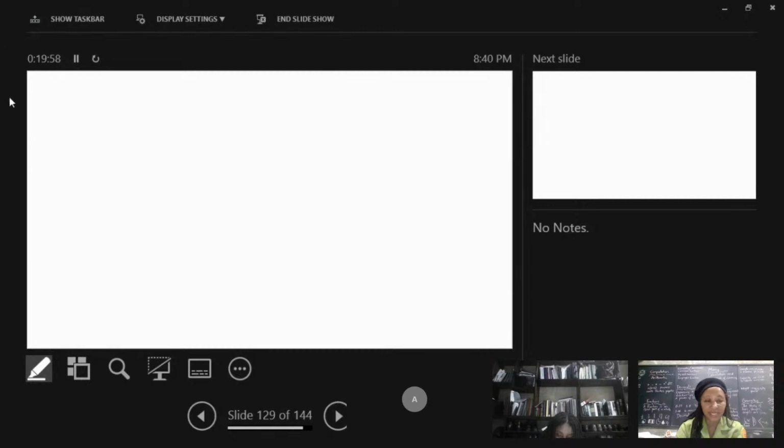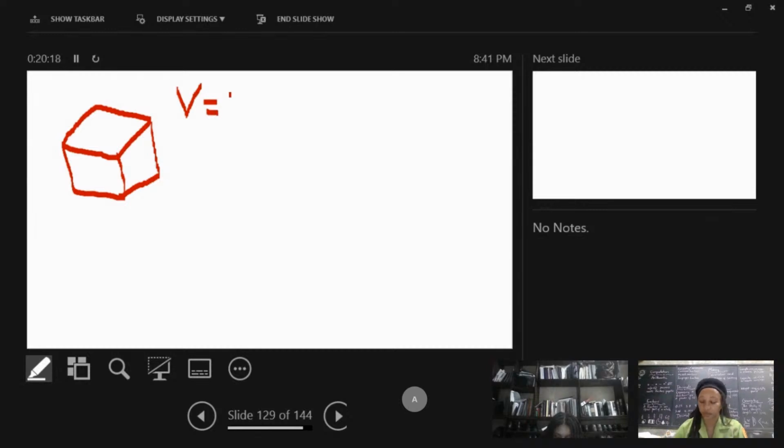All right, so we're back to Asar. I have a cube. The volume is 125 centimeters cubed.